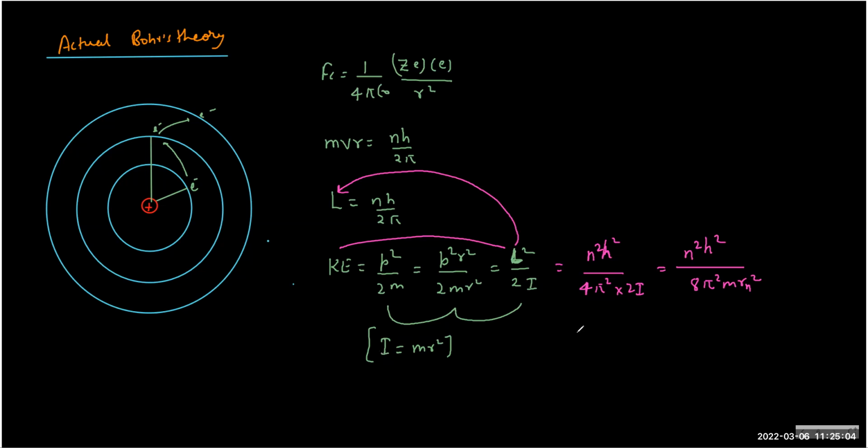So now we have the formula. Like you see, the kinetic energy formula we can get in one line. That's very interesting. n square h square by 2I. Nice.